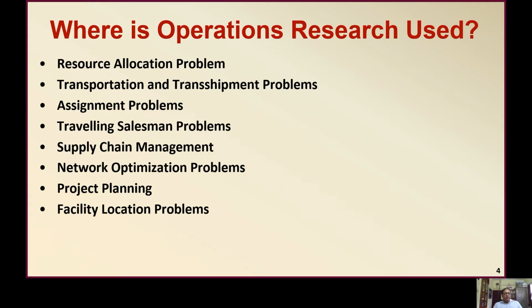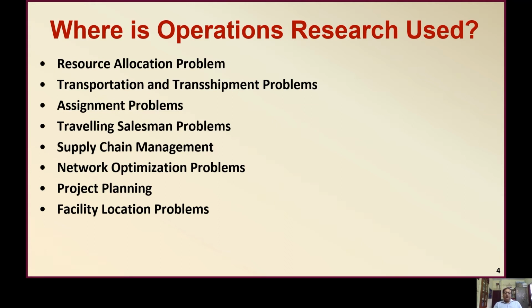Supply chain management, we all know, is very important in today's world: sending material to where it is required at the most opportune time. The network optimization problems are everywhere. We have the electrical network, the road network, the airline network, and different kinds of social networks.